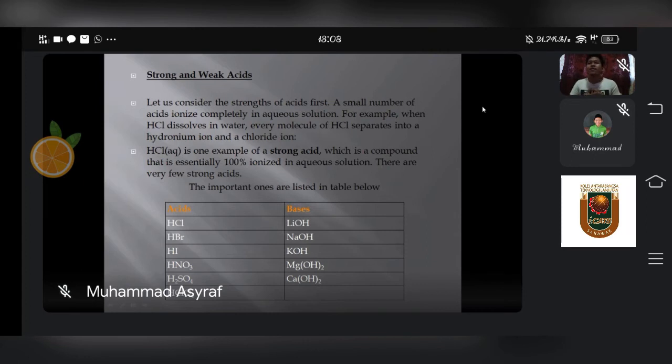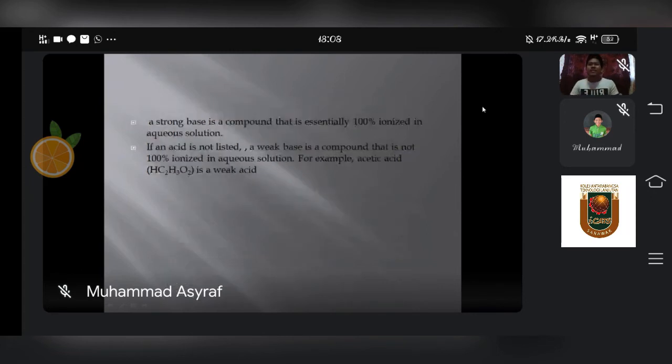HCl(aq) is one example of a strong acid, which is a compound that is essentially 100% ionized in aqueous solution. There are very few strong acids. The important ones are listed in the table below. A strong base is a compound that is essentially 100% ionized in aqueous solution.